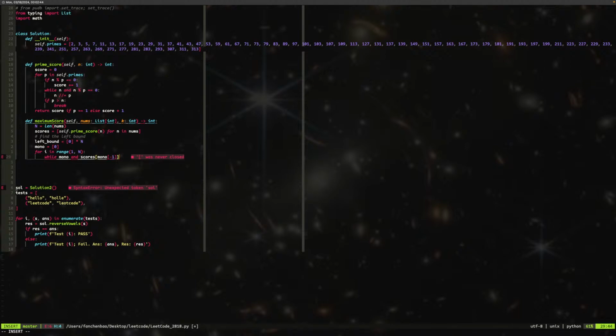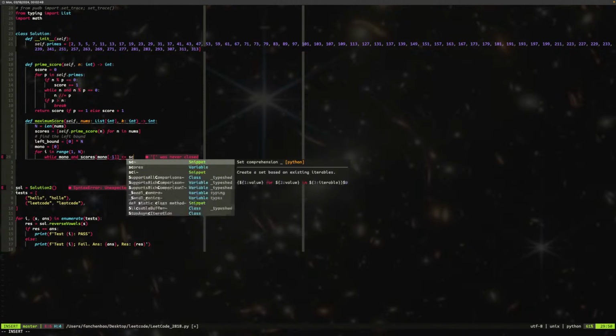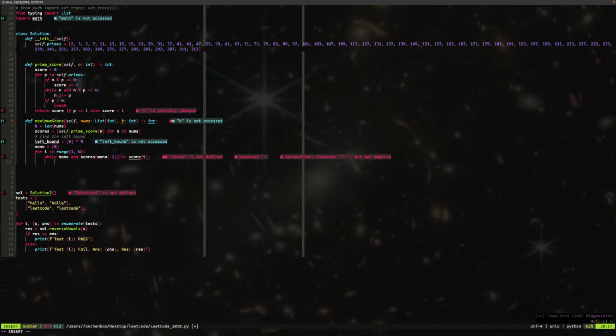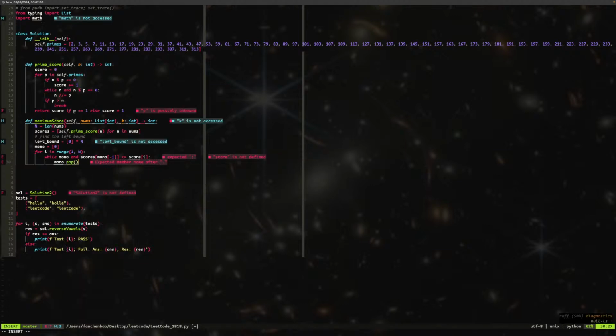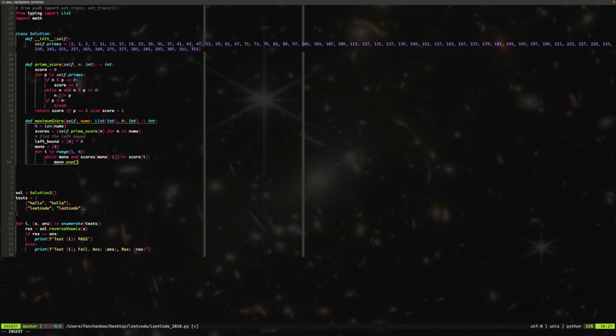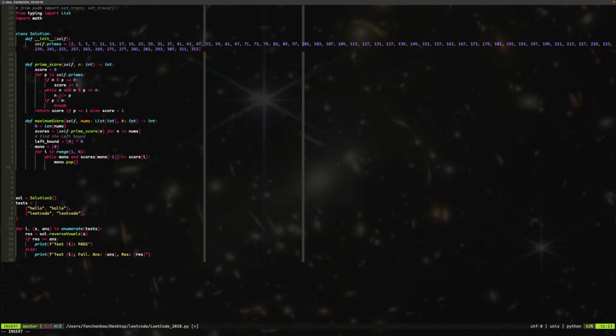If the score is smaller or equal to the score of the current one, so the current one has a bigger score, then I'm going to pop, mono dot pop. We keep popping until we hit a score that is bigger than me, or if there's nobody else. Once we're done, we're going to put in the left bound.